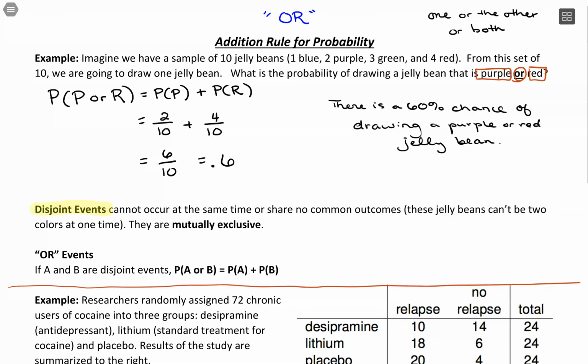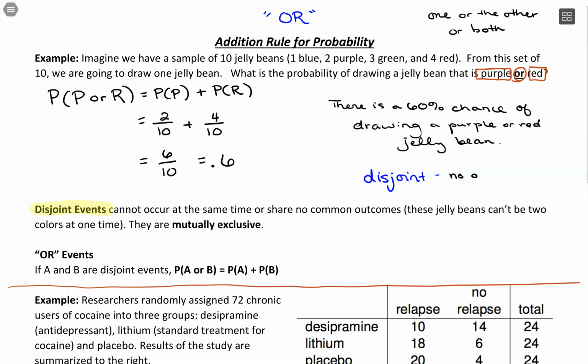Now, in terms of our definition of "or," probabilities of one or the other or both, we could think of we have purple or red, but we don't have that "both" scenario. And that's what makes this disjoint. For the setup of this case with our jelly beans, it's only one color or the other.